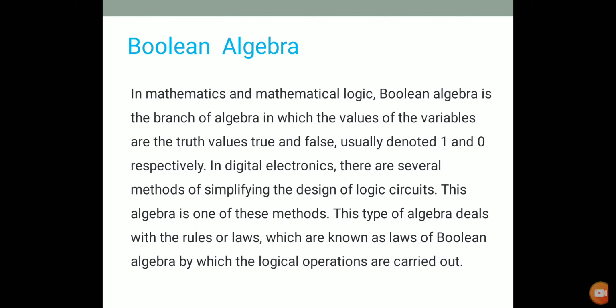This algebra is one of these methods, and it deals with rules or laws known as laws of Boolean algebra, by which the logical operations are carried out. So, Boolean algebra is used to analyze and simplify digital logic circuits, since it uses only the binary numbers, that is 1 and 0.